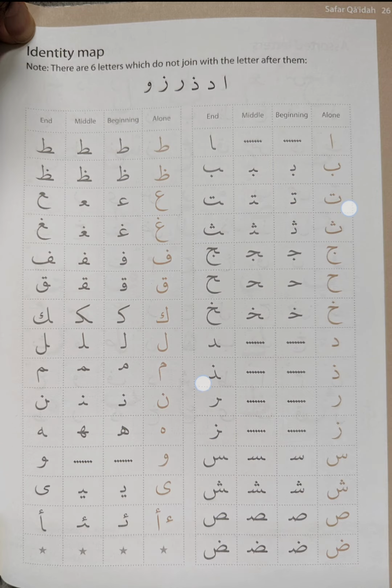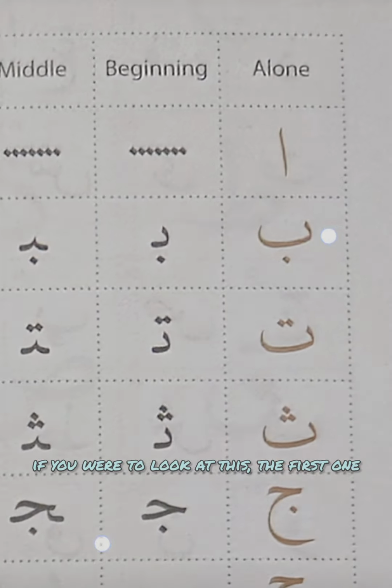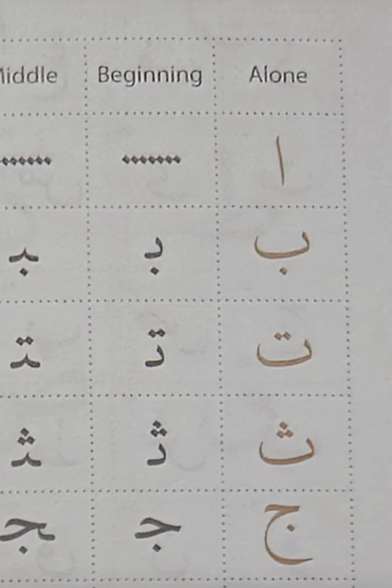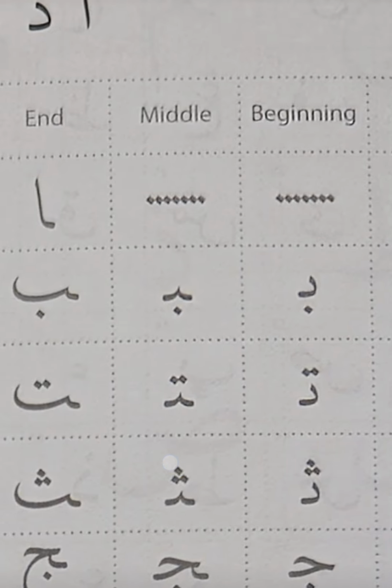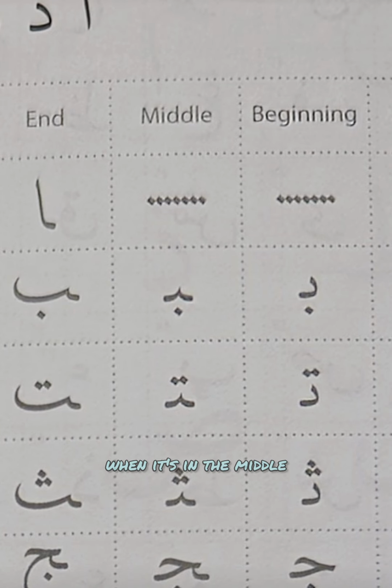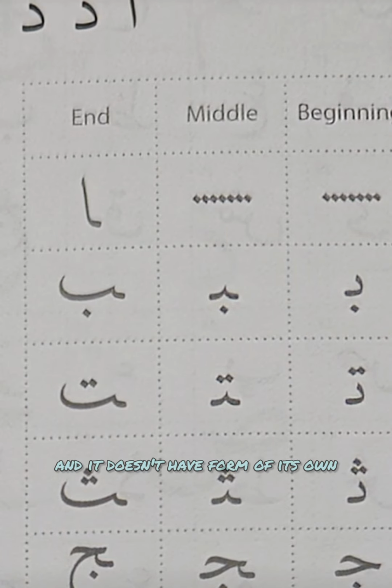So if you look at the first one, there's alif. As you can see, it doesn't have a form of its own when it's at the beginning, nor in the middle, and it doesn't have a form of its own when it's at the end.